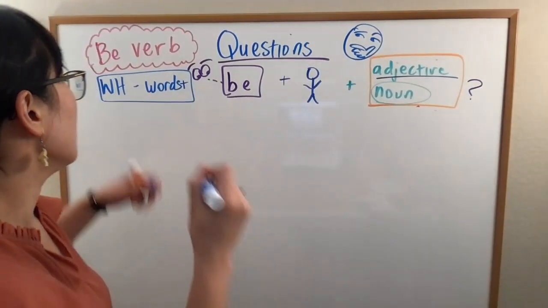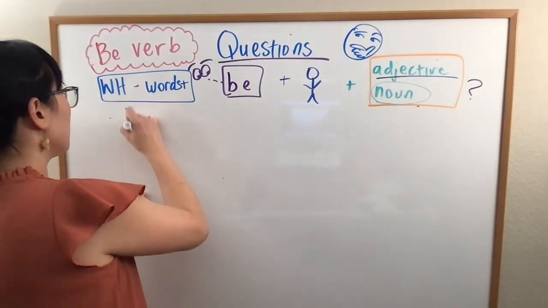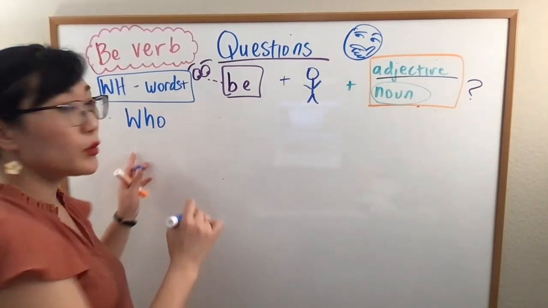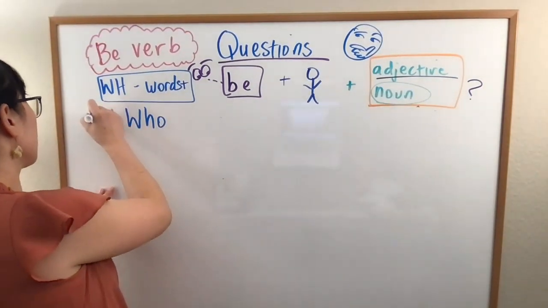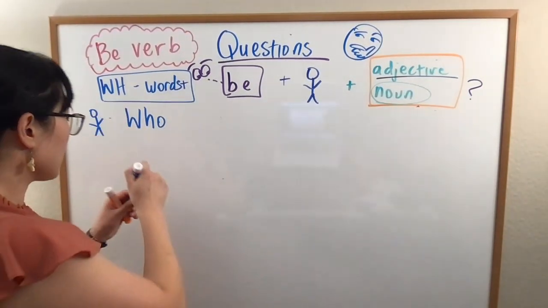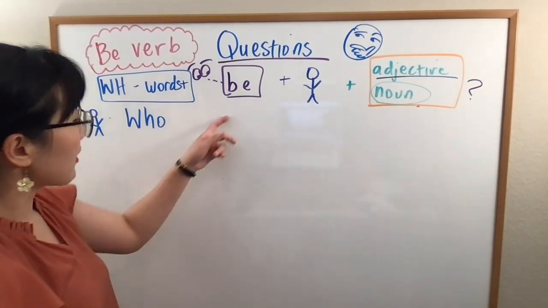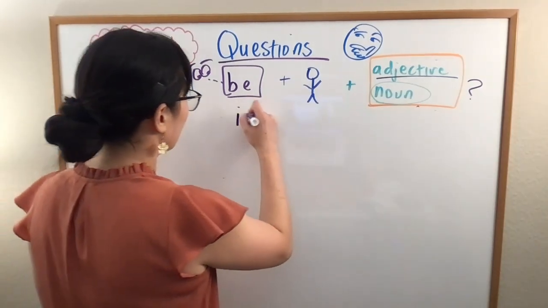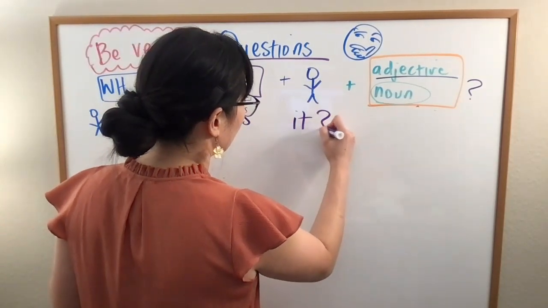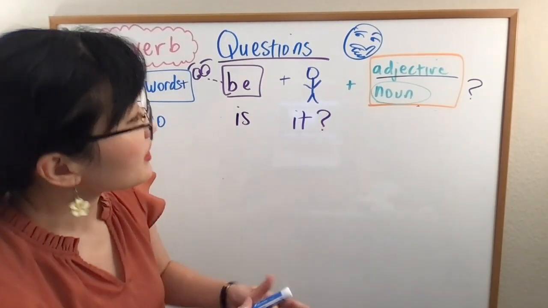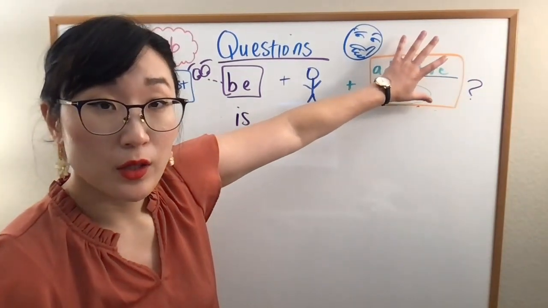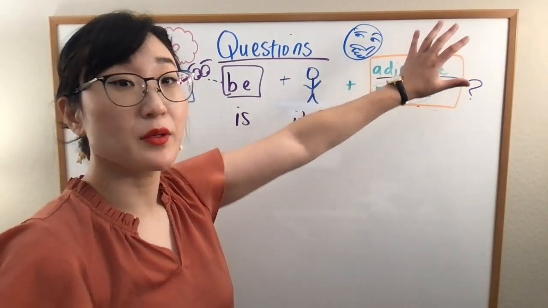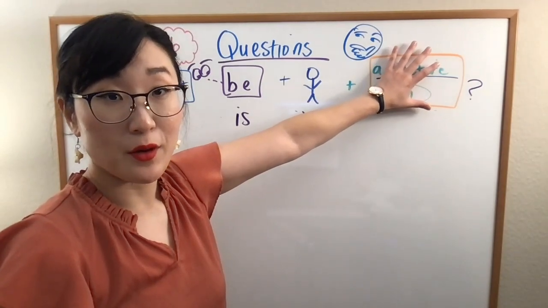So over here, for example, who? Who is for a person. So who, and let's say our be verb. This is optional. You don't always need to include an adjective or noun, okay?